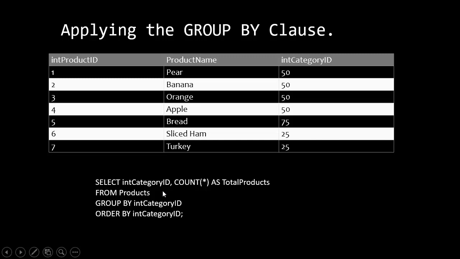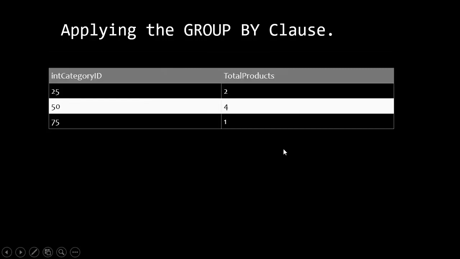That makes sense? Because I added this category ID, it must be in the group by clause. If I didn't have this category ID, it would have just counted the 7 products in there. That's what would have come back. But now that I introduced the category ID, it's going to group it as such. So as you can see, it should have 4 in category 50, 1 in category 20, 2 in category 25, and 1 in category 75.